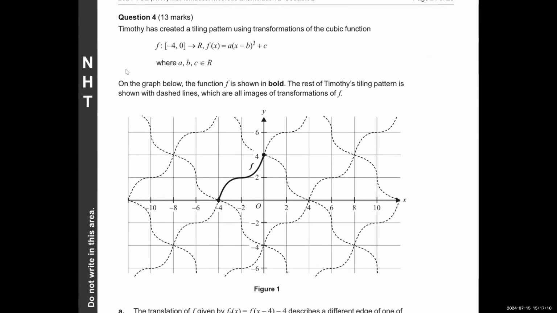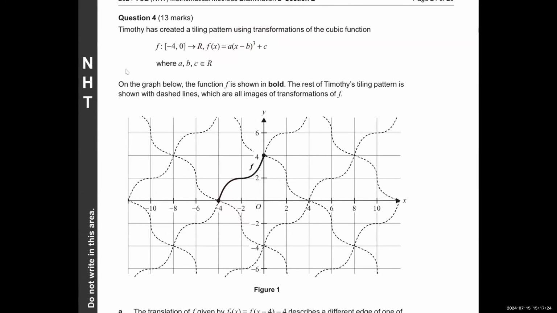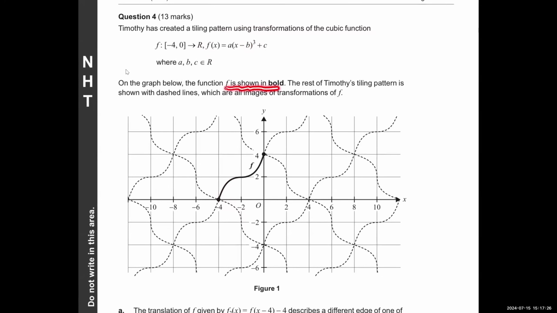All right, question 4. Team has created a tiling pattern using transformations of the cubic function. Okay, nice pattern. Cubic function, turning point form. On the graph below, the function f is shown in bold.